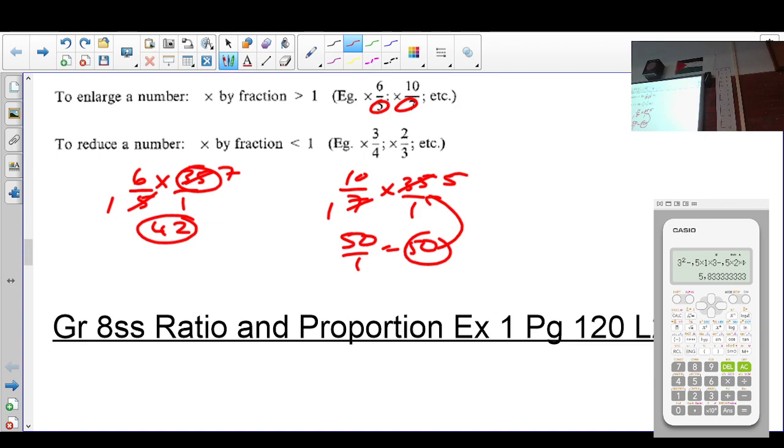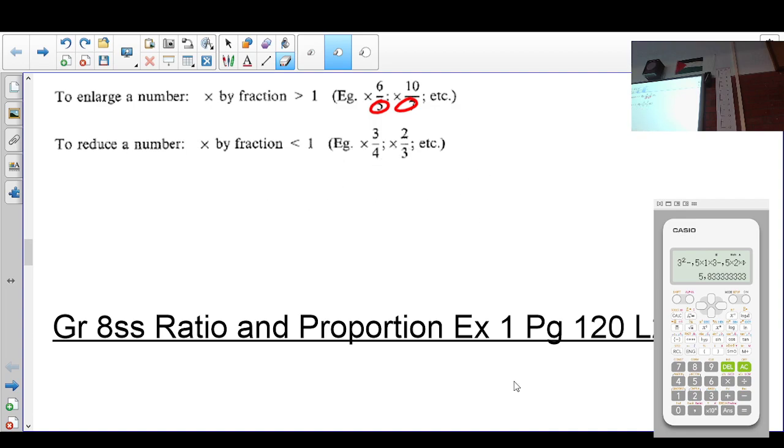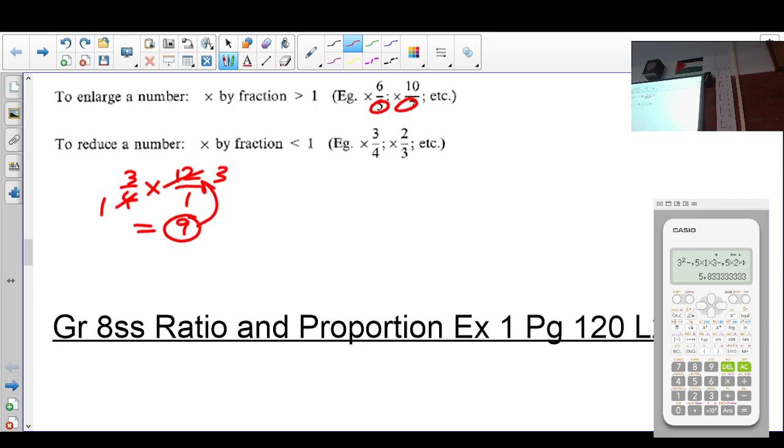To reduce a number, we multiply by a number less than 1. So let's use the 12 here as the number in question. So it's 3 over 4 times 12 over 1. 4 goes into 4 once, 4 goes into 12 three times. What's 3 times 3? 9. Is 9 smaller than 12?